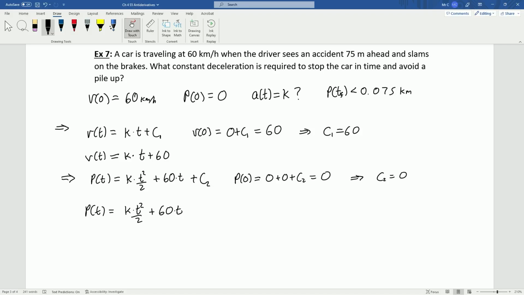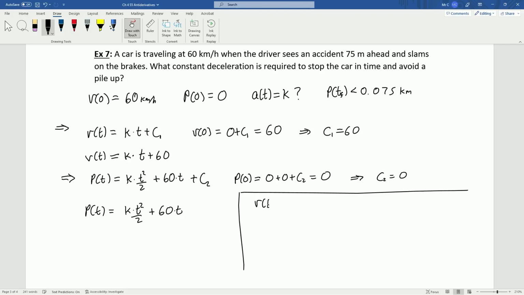So now we need to figure out an expression for our final time in order to plug it into our position function to check when we will stop in less than this distance. How do we find an expression for the time when the vehicle has stopped? Well, the vehicle stops when the velocity is 0.